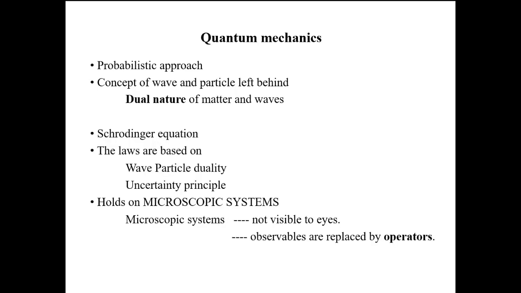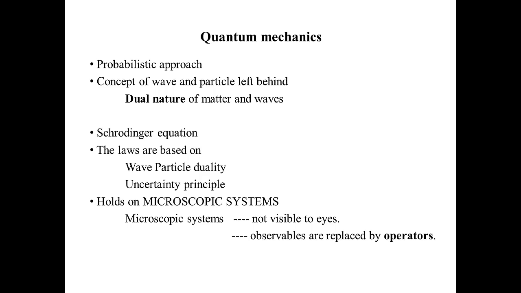On the other hand, quantum mechanics is a probabilistic approach to solve any problem. In this, the concepts of wave and particle are left behind, and the dual nature of matter and wave is believed to exist. What I wish to say to distinguish quantum mechanics from classical mechanics is that quantum mechanics relies on the Schrödinger equation as the equation of motion. In quantum mechanics, we solve the Schrödinger equation to reach a meaningful endpoint.